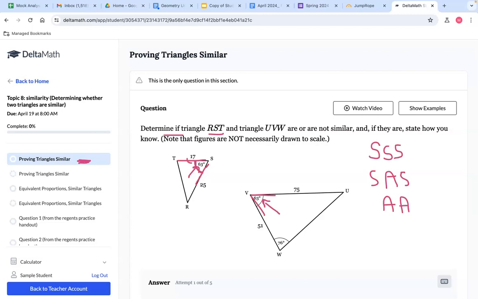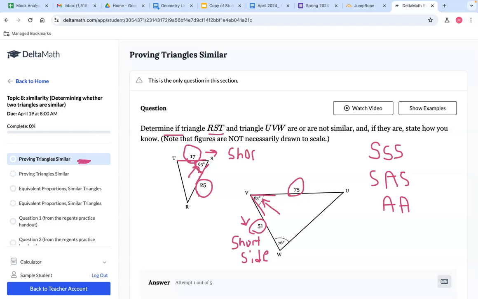One way to do it is by looking at the sides. We have 17 and 25. This is the shorter side, and then we have 51 and 75. This is the shorter side. So we can compare both of them.